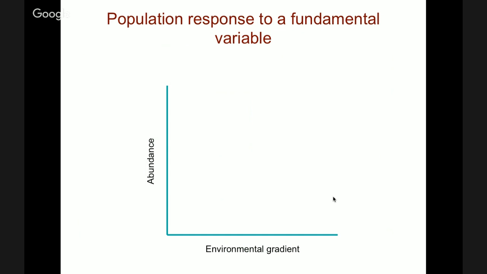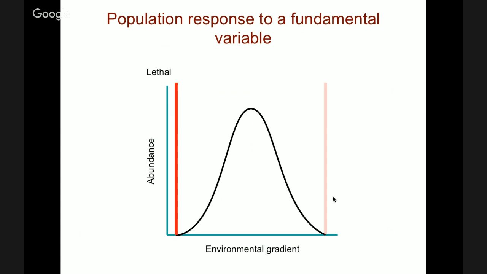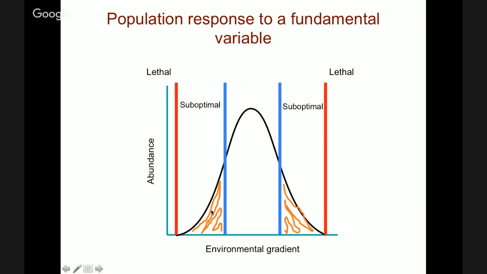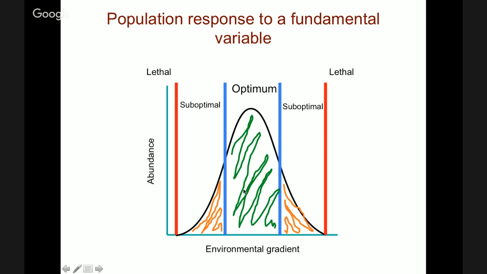If we think on how species relate to environmental variables, there are many different ways in which species respond to environmental variables, but the simplest one is of this shape, of this Gaussian or bell-shaped relationship, in which we have lethal physiological tolerances, and then we have these spaces of suboptimal conditions, and in the center of this curve, there are optimal conditions.